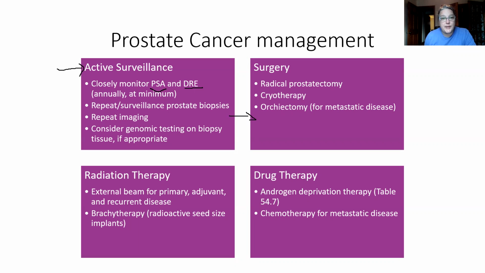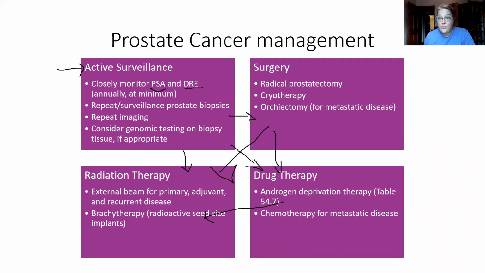we can go to surgery. We can go to surgery and or drug therapy, and radiation therapy. All of these can be in combination with one another. So for surgery, you could have a radical prostatectomy where they take the entire prostate out surgically with an abdominal incision, or they may go through the urethra like they do for BPH.